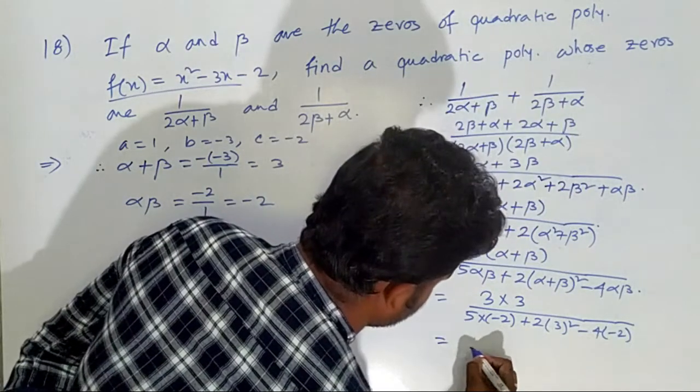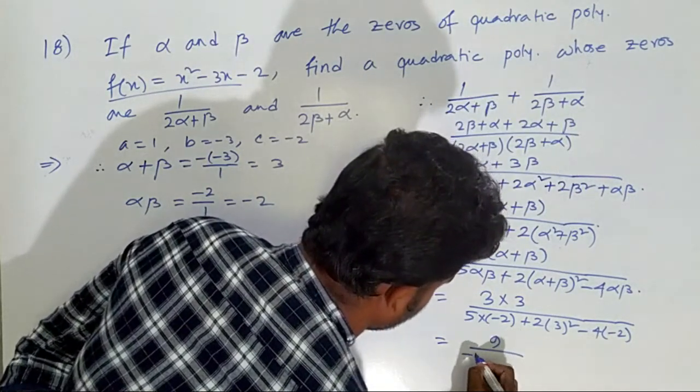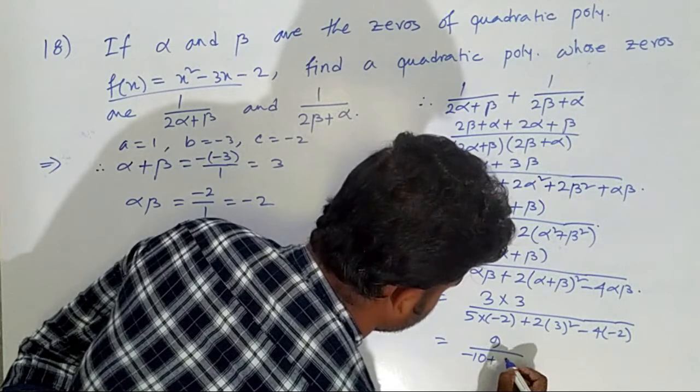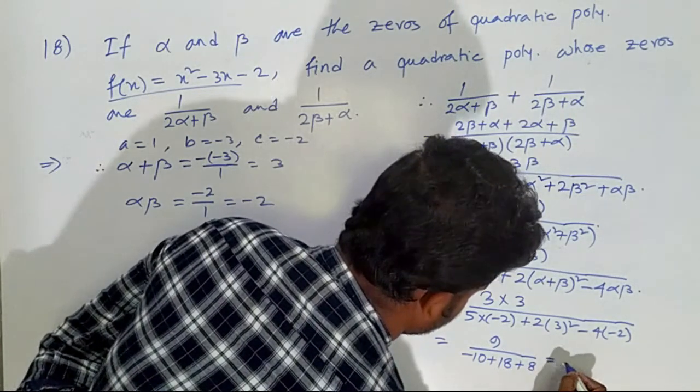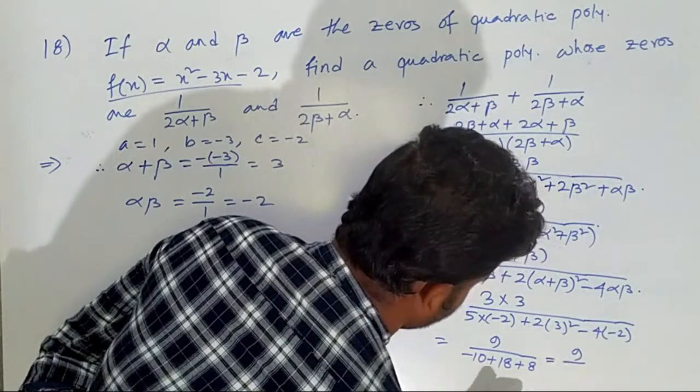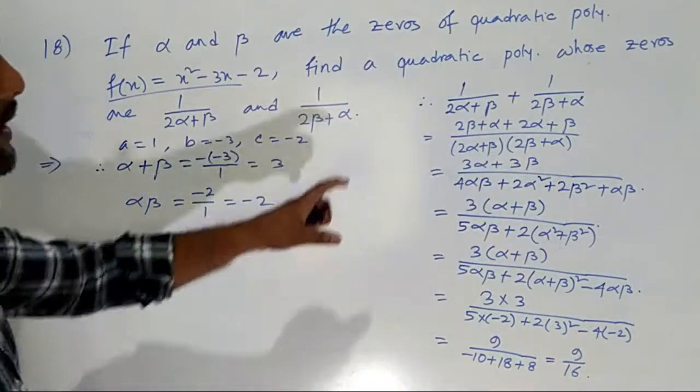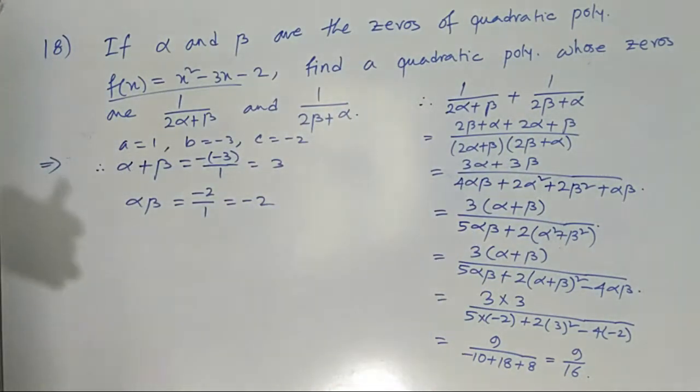Now this is equal to 9 by minus 10 plus 18 plus 8. This is equal to 9 by 16. So the sum of the zeros is equal to 9 by 16.